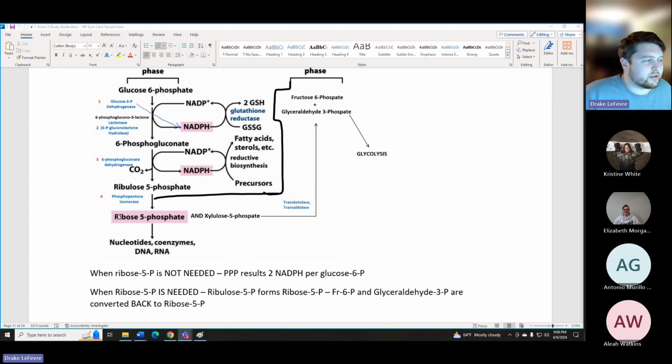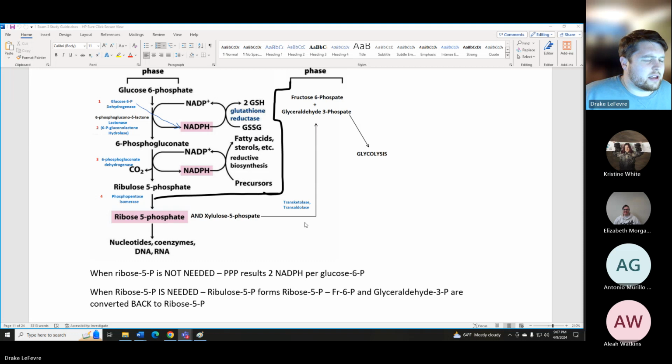The xylulose or the ribose? The xylulose. Yeah, because xylulose is a ketone. Transaldolase acts on the ribose because ribose is an aldehyde. I'm saying that right, correct?